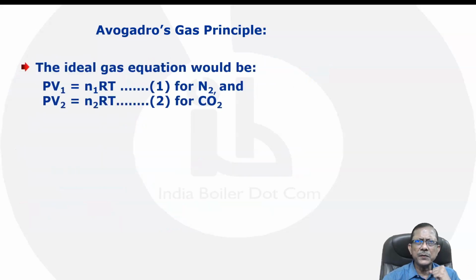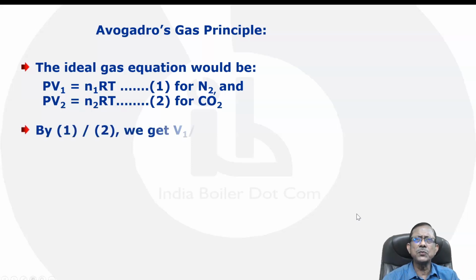Now if I apply the ideal gas equation on both these gases, for nitrogen it will be PV1 is equal to N1RT. R is the universal gas constant, the same for all gases, and P and T are the same for both gases. For carbon dioxide it will be PV2 is equal to N2RT. If I algebraically divide equation 1 by 2, R, T and P get cancelled.